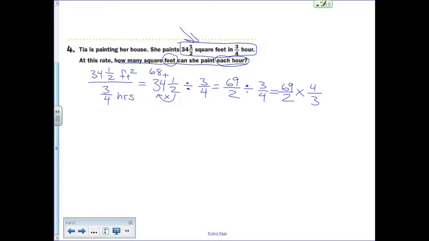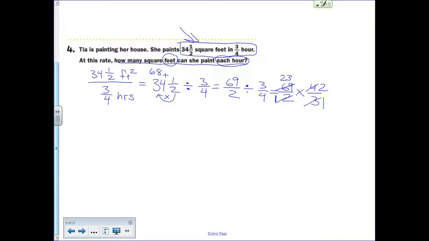2 divides into 4 evenly, so the 2 becomes a 1, and the 4 becomes a 2. And I know 3 goes into 6 and 3 goes into 9, so 3 will go into 69. So 3 is going to become a 1, 3 is going to go into 6 2 times, and 3 is going to go into 9 3 times. So 3 divides into 69 23 times.